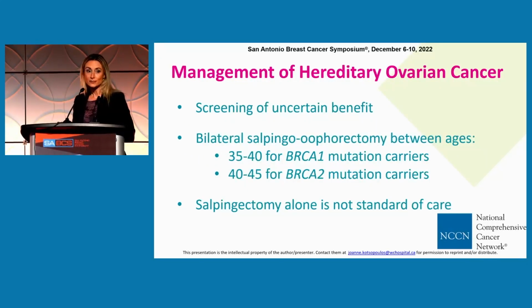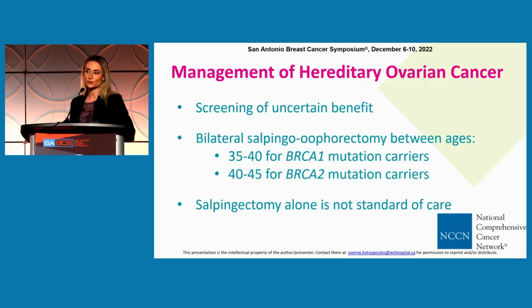Although this is the breast cancer symposium, I don't think we can talk about women with the BRCA mutation and ignore their very high risks of developing ovarian cancer. The clinical management for this disease is a little bit different because we know that to date, screening has not proven to be very effective at early identification of tumors or for improving all-cause mortality.